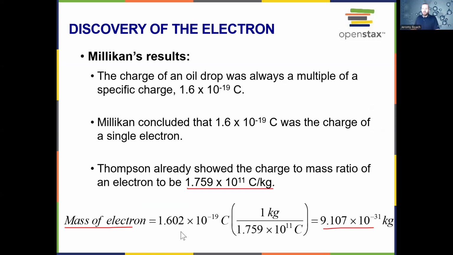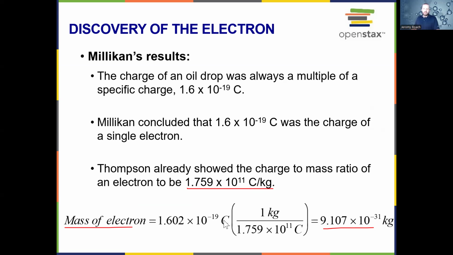So there's 1.759 times 10 to the 11 coulombs per kilogram for electrons, and we can write that in the other direction. We can say 1 kilogram to 1.759 times 10 to the 11 coulombs. It's a ratio, so it can be written either way.